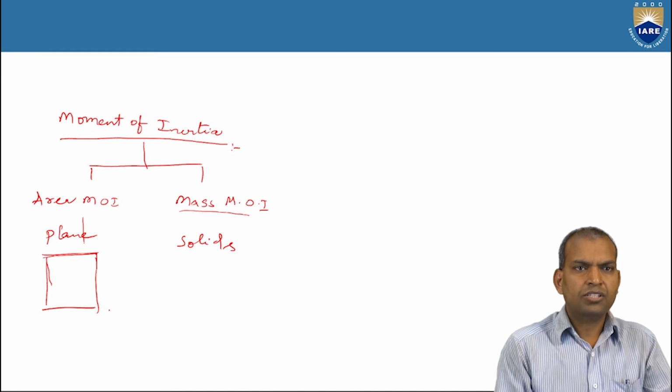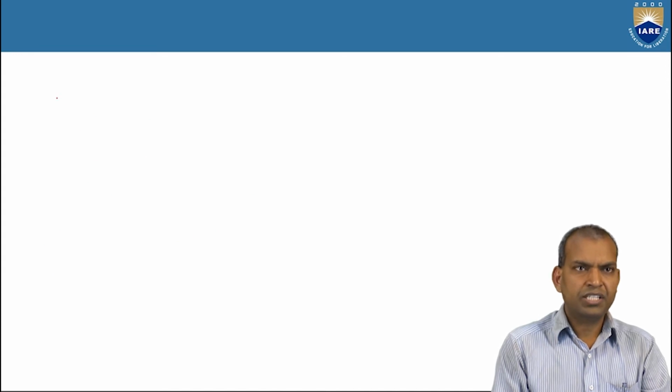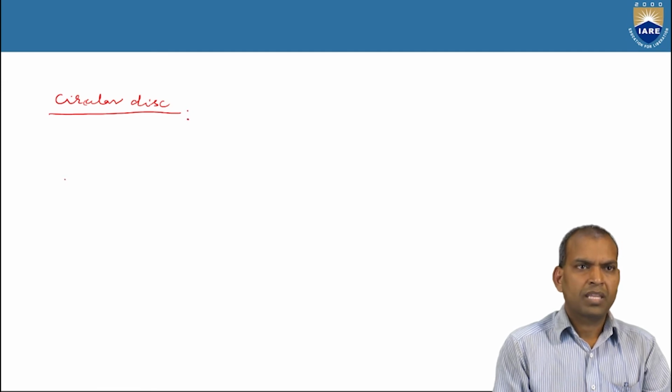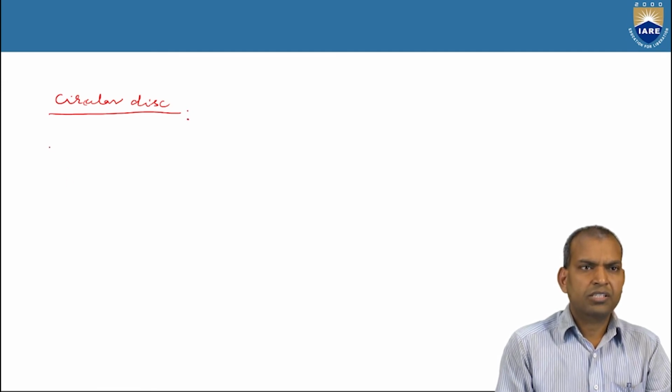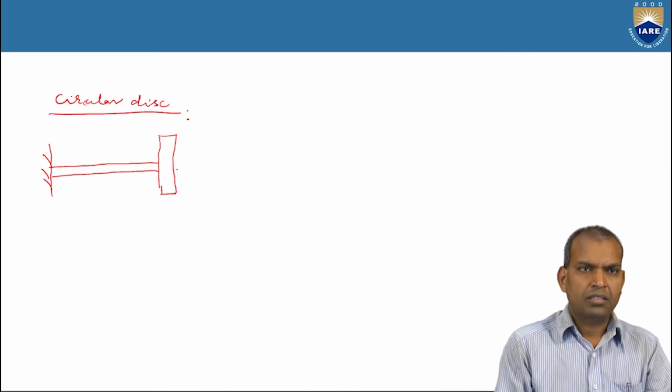Now, let us start solving the problem. A simple problem: consider a circular disk. It is fixed at one end of the shaft, and the other end of the shaft is fixed.